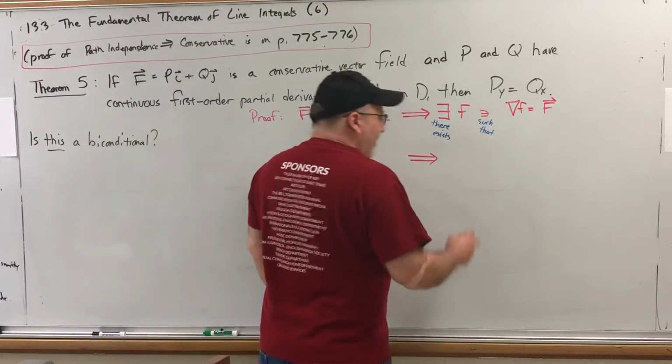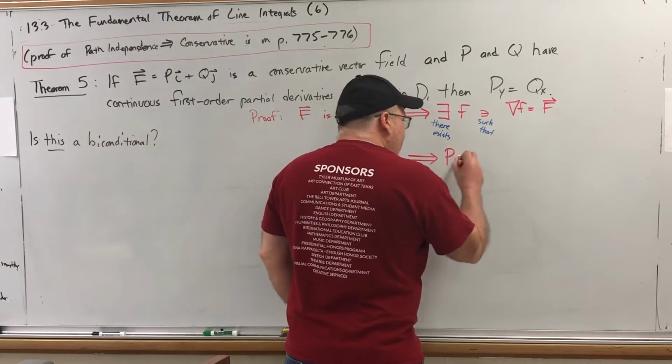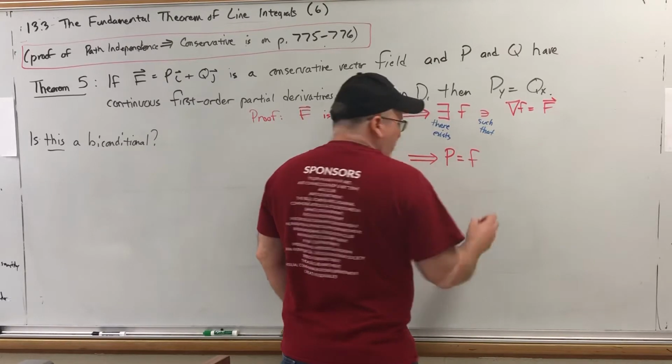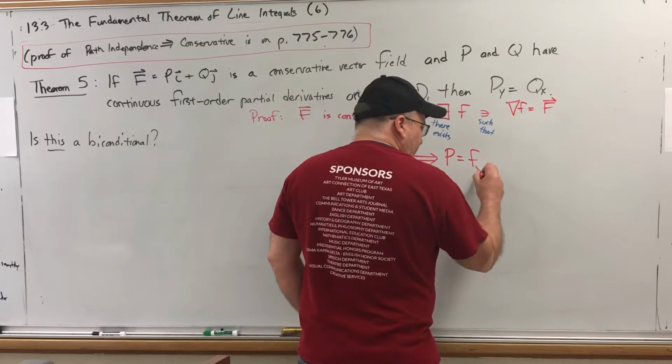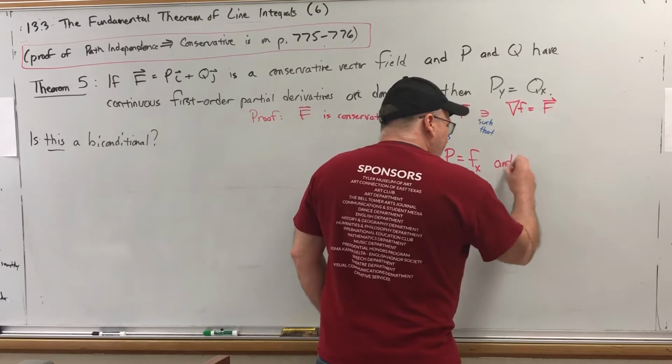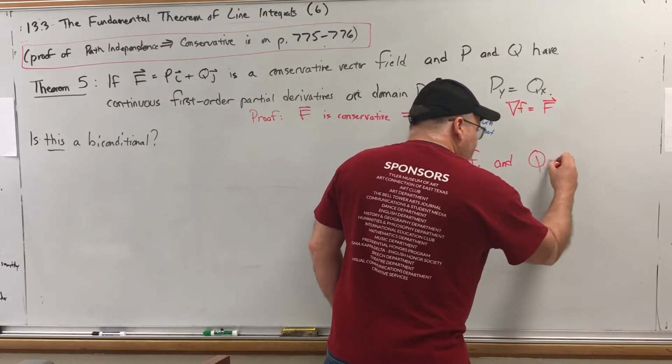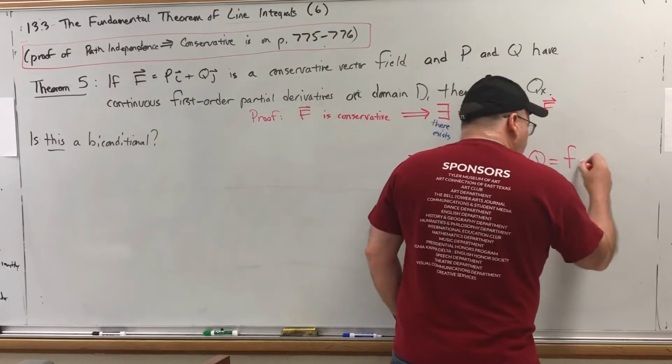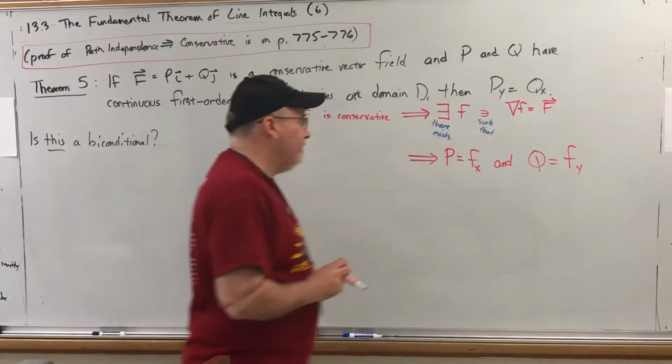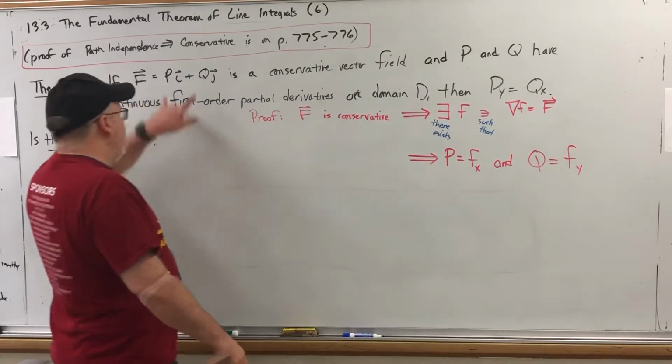So this implies that P is equal to the partial derivative of lowercase f with respect to x, and Q is equal to the partial derivative of f with respect to y, because we're assuming that this is equal to the gradient of that.